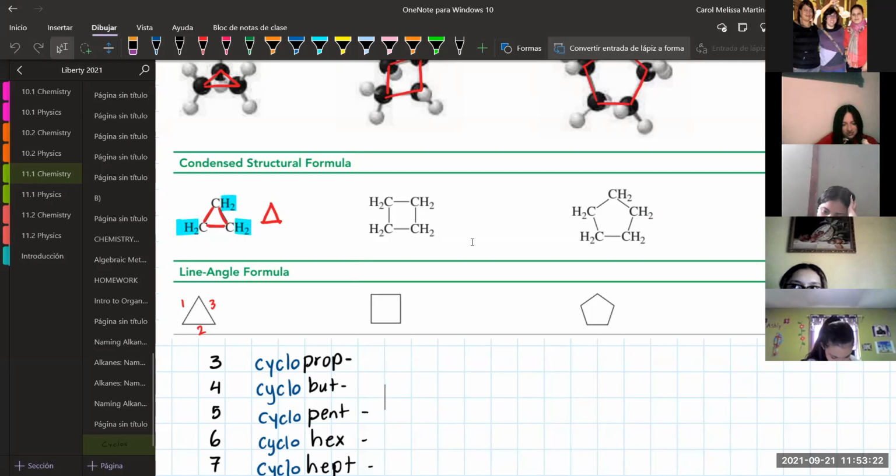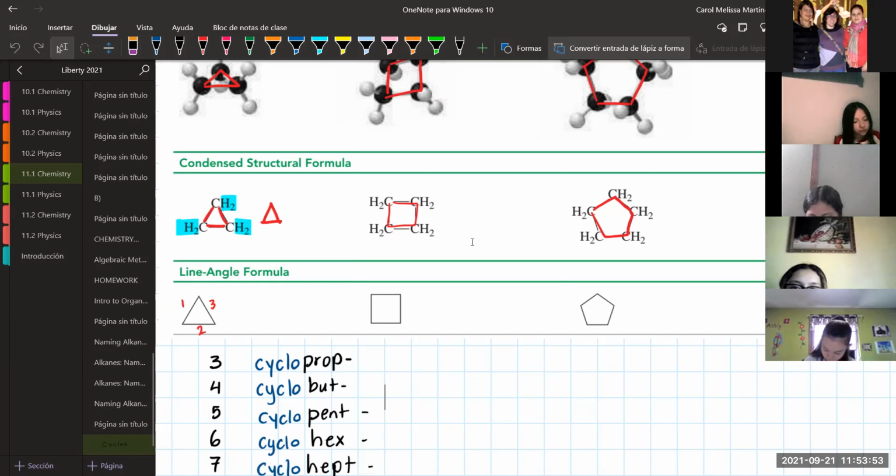You have a triangle here, you have a rectangle or a square over here, you have a pentagon right here, and here you see this hexagon. So all these shapes are formed, and when you notice that you have a geometric shape, we're going to talk about cyclos.